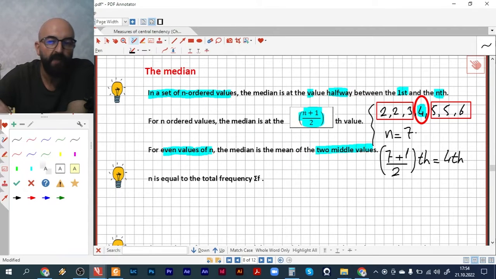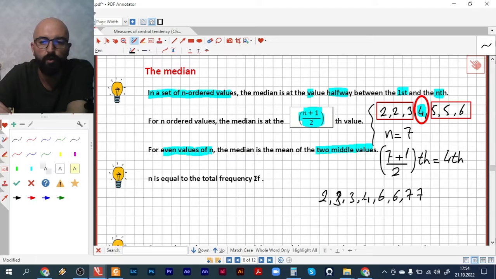If we don't have 7 values, if we have 8 values, for example 2, 4, 6, 8, 10.